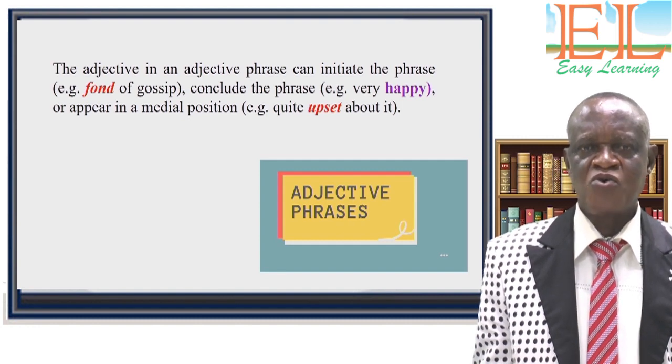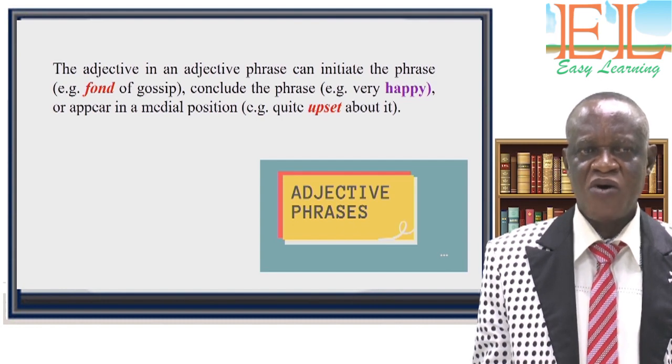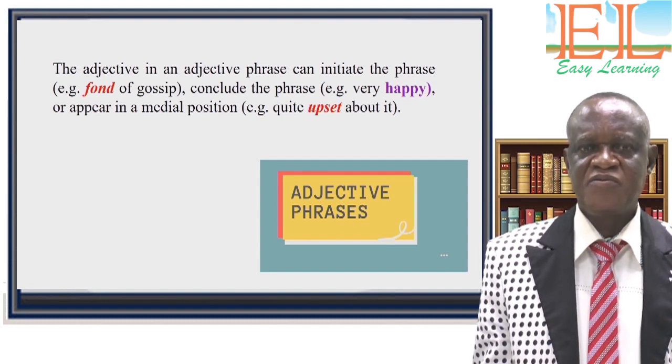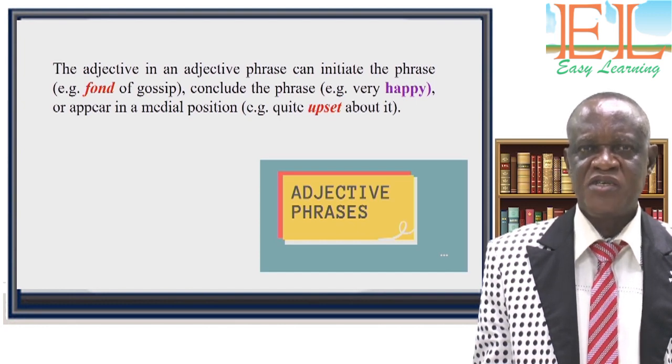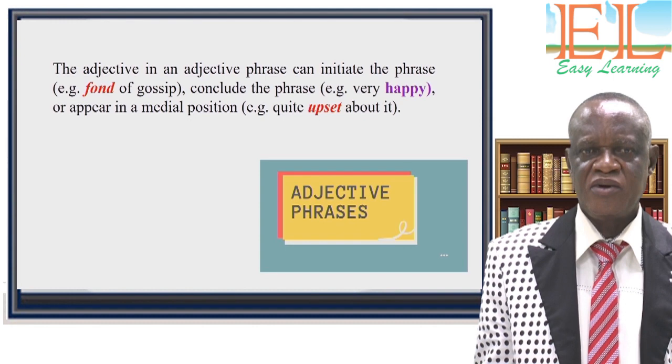It can also conclude the phrase, such as very happy. Or the adjective can also appear in a medial position, that is, in the middle, quite upset about it. In this phrase, the adjective upset appears in a middle position.